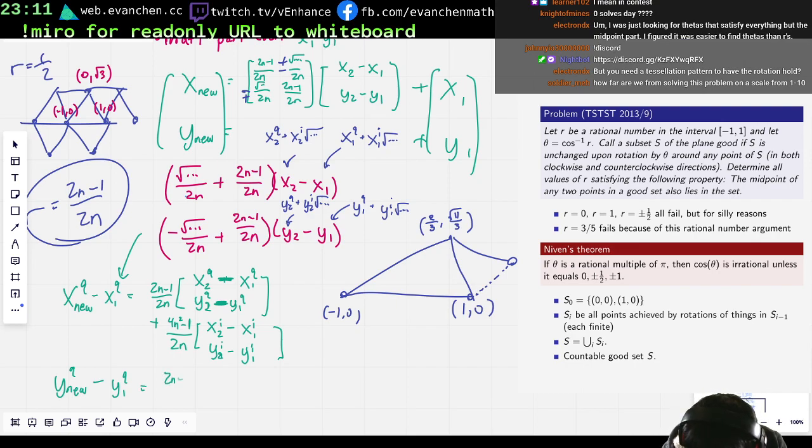2n minus 1 over 2n. Sorry, this is not the right notation. This is.